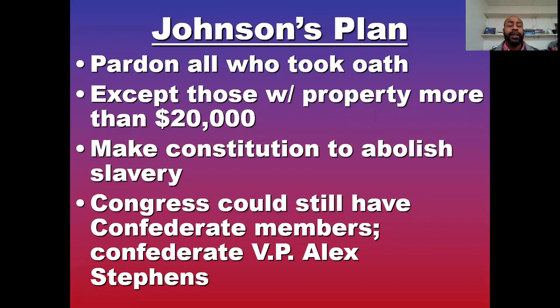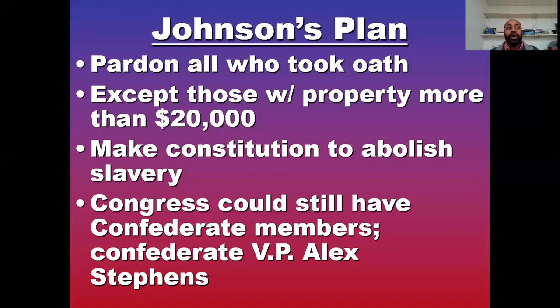So, you know, he goes after the owner class because Johnson was not a rich guy anyway, so he didn't like the rich people. Every state has to still abolish slavery, not rewrite the Constitution, but they need to add the amendment in, and let all the Confederate soldiers come back. So if you are a Confederate soldier politician, let them come back to Congress.